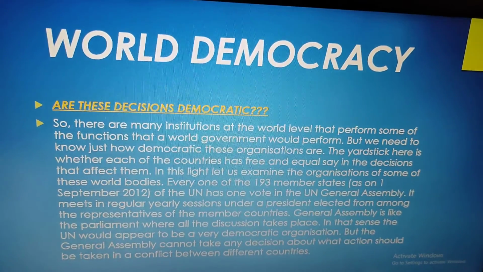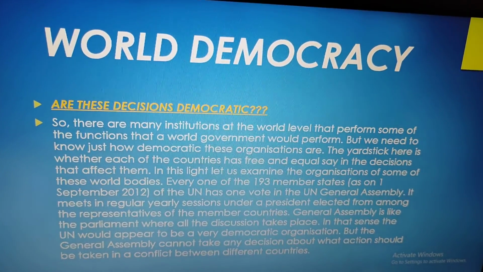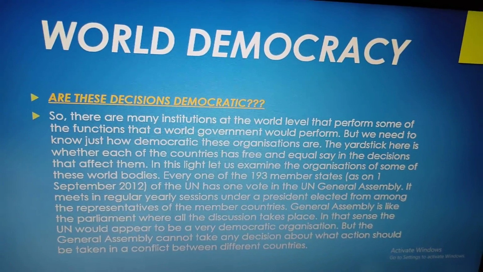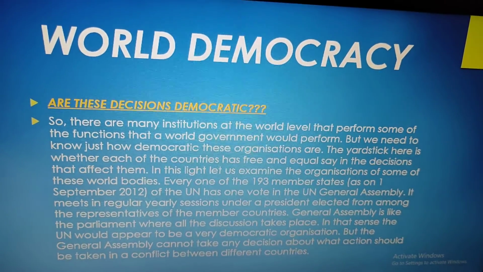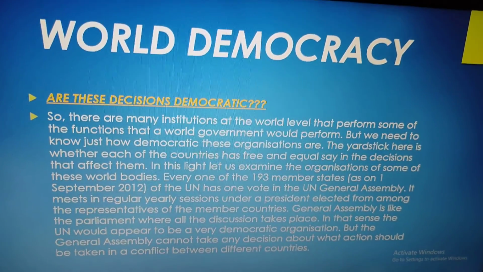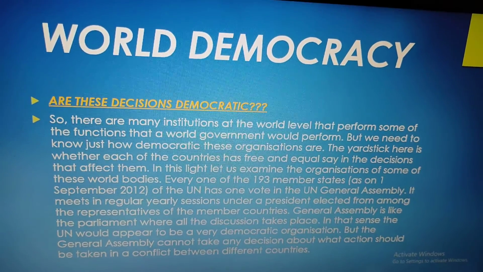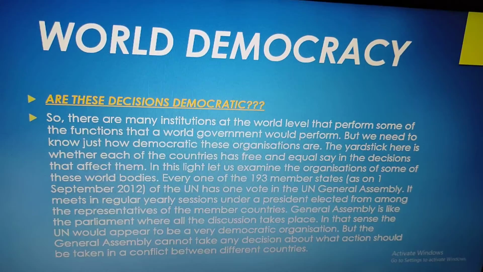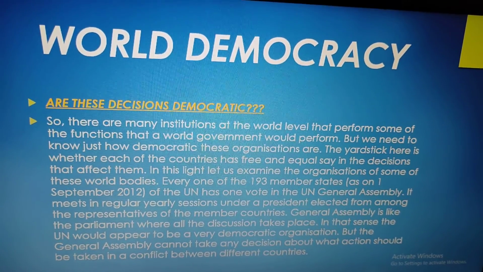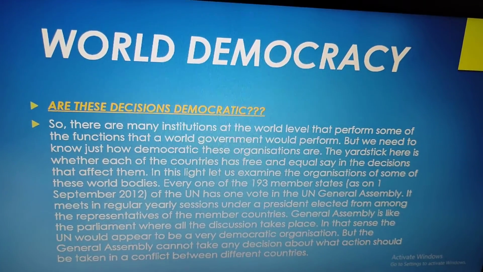Most of the countries who support peace, who support unity, are members of the United Nations, and it is the responsibility of the United Nations to ensure that world peace is maintained.